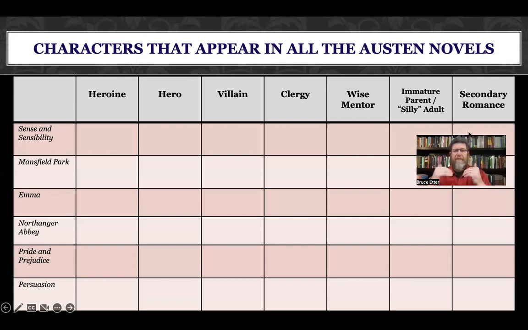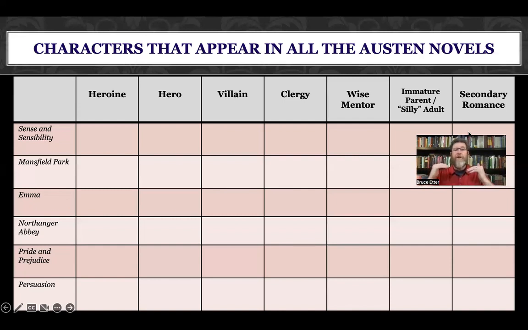The wise mentor is someone who comes alongside the main female character and offers good advice, good modeling of behavior and so forth. And then the immature parent, or silly adult, is an older person who should be mature. They're maybe in their 40s, 50s, or 60s, whatever.